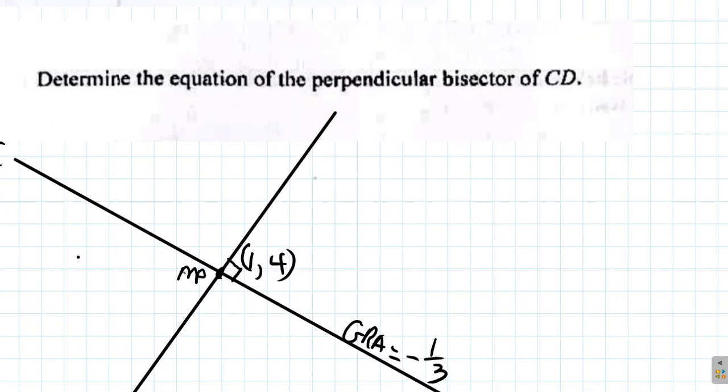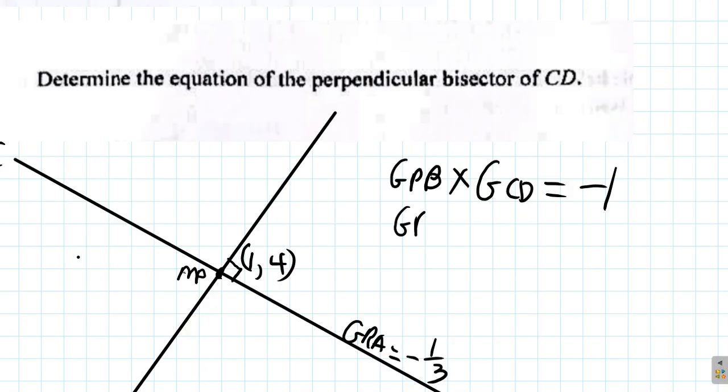Now, what should the gradient of the perpendicular bisector be? Let me say PB is the gradient of the perpendicular bisector. I just made up that name. The gradient of the perpendicular bisector multiplied by the gradient of CD is equal to, remember what it was? -1.